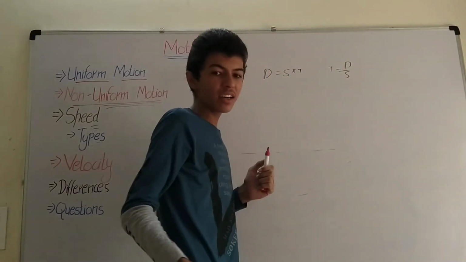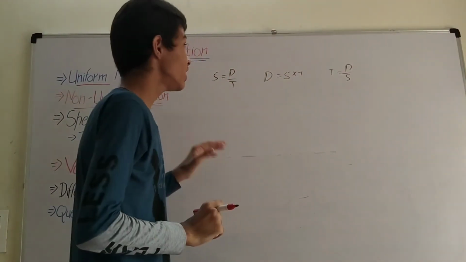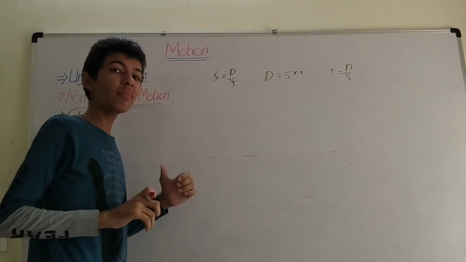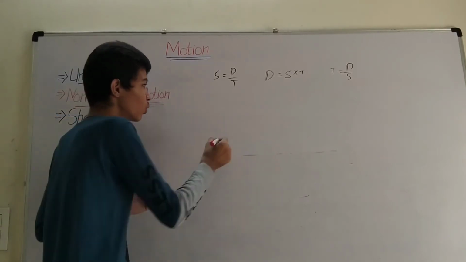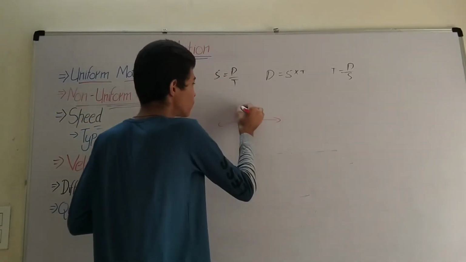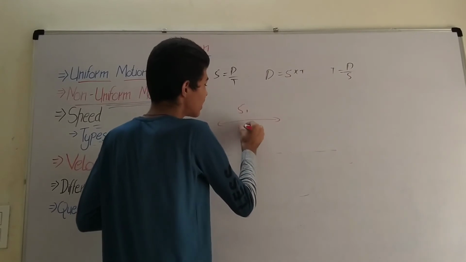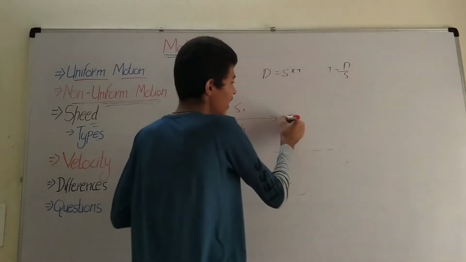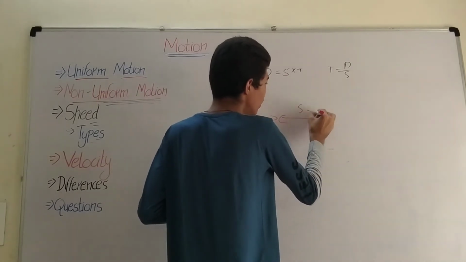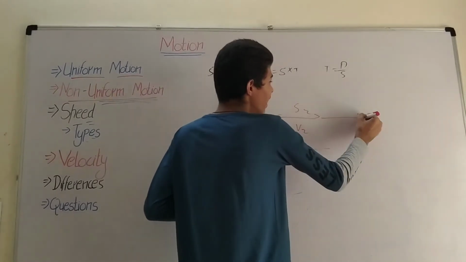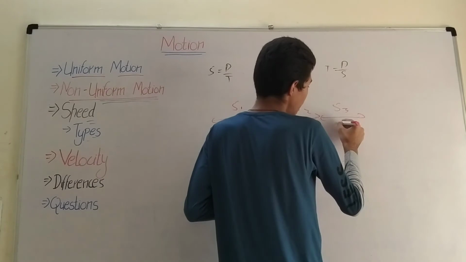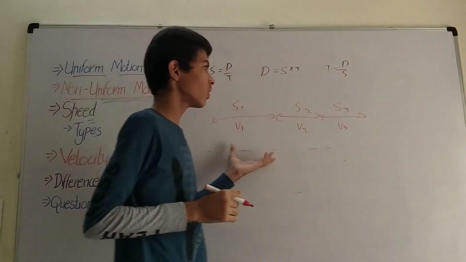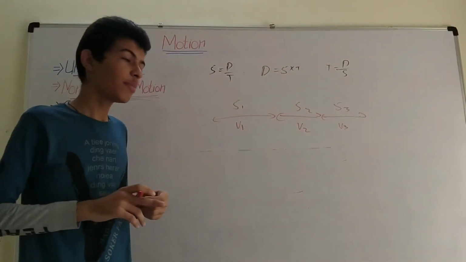Now a question may ask you to find the time it took. So let's take the distances s1, traveled with a speed of v1, then s2 with a speed of v2, and s3 with a speed of v3. So what would be the time here?